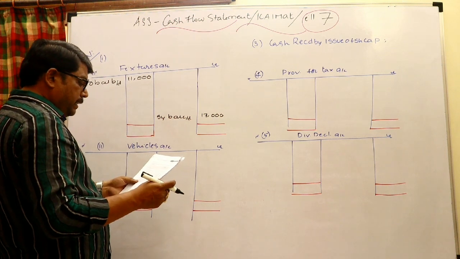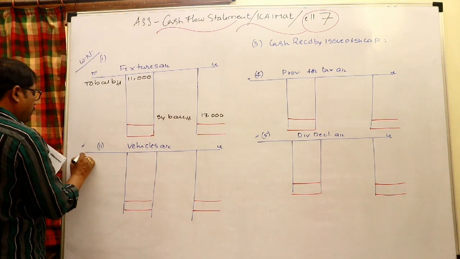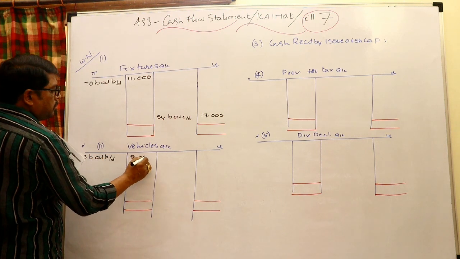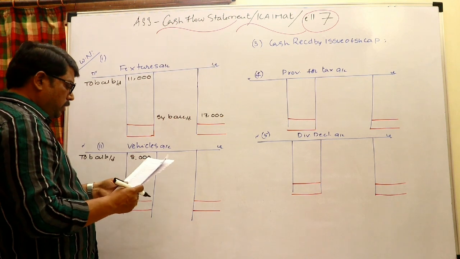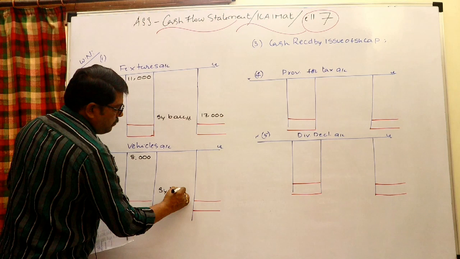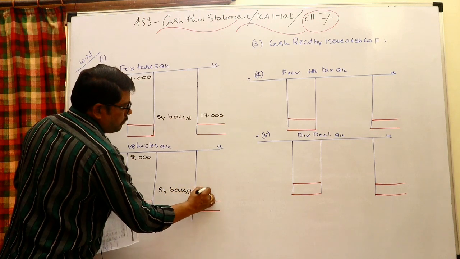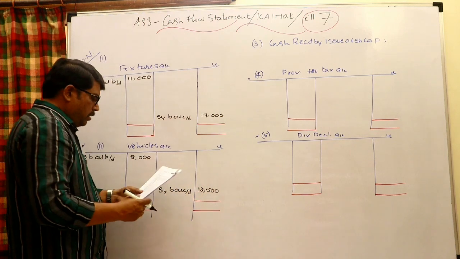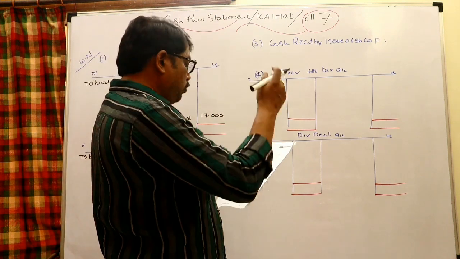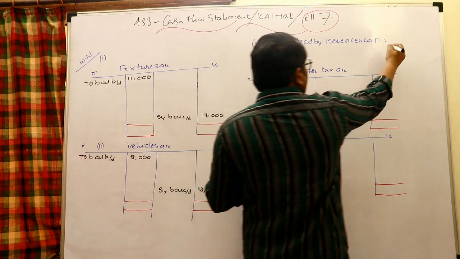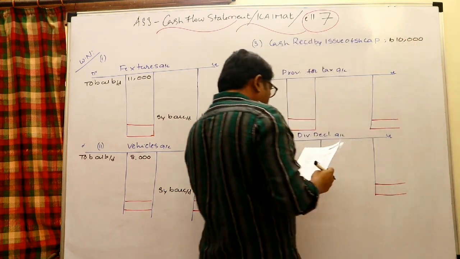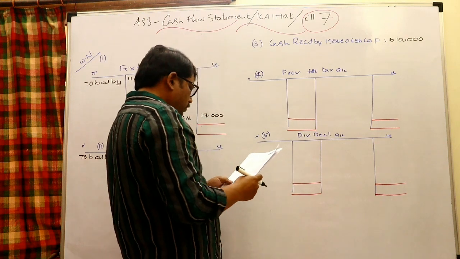Vehicles in the beginning 8,000, vehicle is always an asset with a debit balance, 8,000 vehicles, closing 12,500. Short term investments, ignore it. Cash received by the issue of share capital, I said, is rupees 10,000. This is a financing activity.